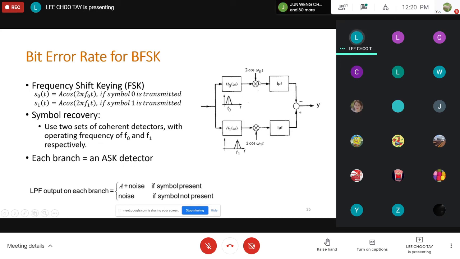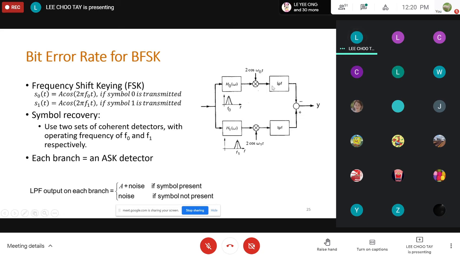Then we multiply it with the local carrier. In this case, this path is trying to recover a binary 0, so we multiply with the carrier signal that is the same one used for binary 0. Then it is followed by a low pass filter that will recover our binary FSK signal.